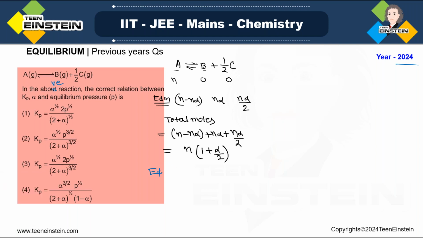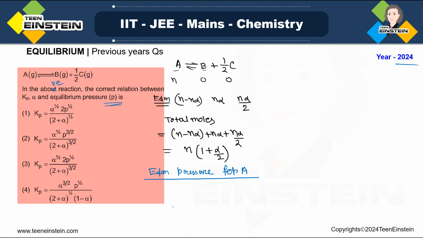So the equilibrium pressure for A will be based on the mole fraction. First of all, you have to know the mole fraction of A multiplied by the total equilibrium pressure P, which is given. It is not individual for A, B or C, that is not mentioned here. It is the overall equilibrium pressure.